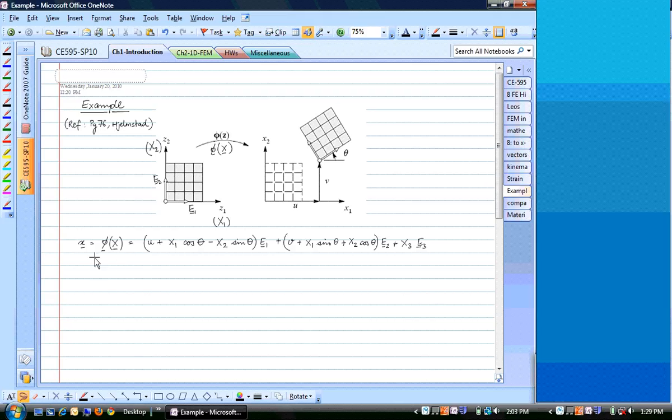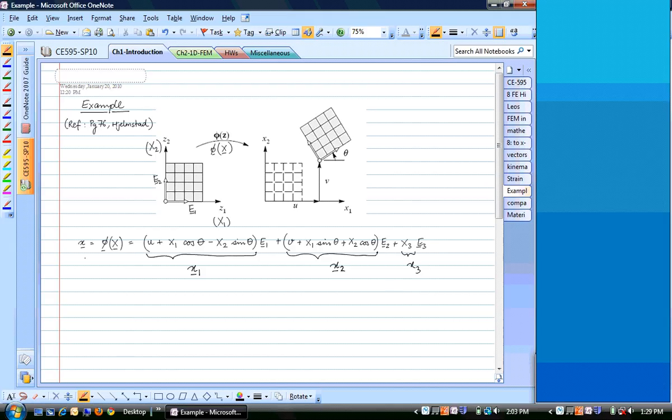And that map, if you go to any point in the original configuration, big X, you can find out its final location using this expression. All that this expression is saying is that big X is equal to x1, x2, x3, and the small x is going to be given by this first term, and small x2 is given by this second term, and small x3 is just equal to big X3.